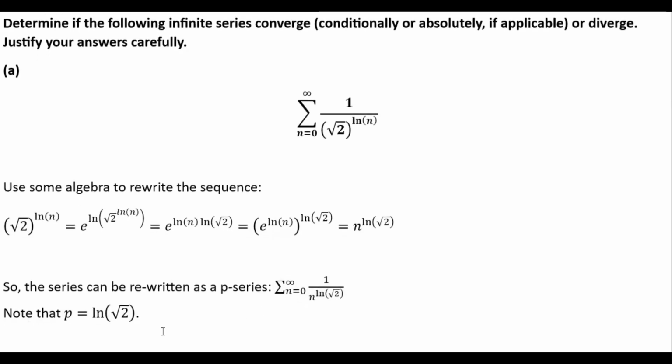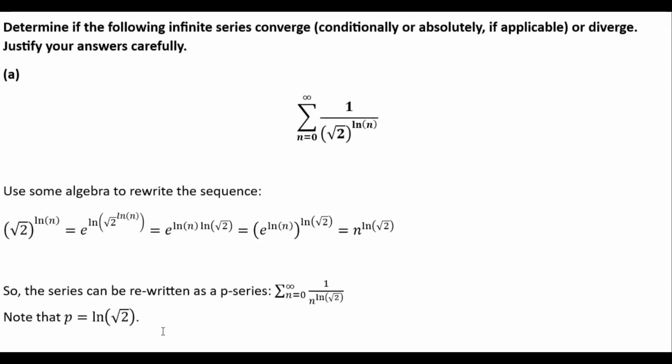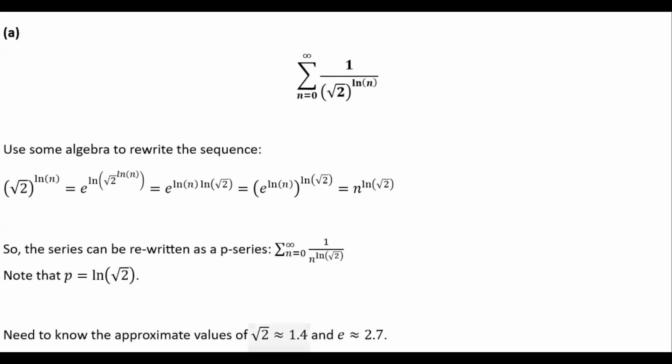Okay, so does this converge or does it diverge? Well, it's a p-series. P-series converge when p is greater than 1. Is this greater than 1? That's now the question to answer. We need to know what square root 2 is. It's about 1.4. If you're not allowed to calculate, hopefully you know this. And what's e? e is about 2.7. So ln of e is 1. Why do we care about e?